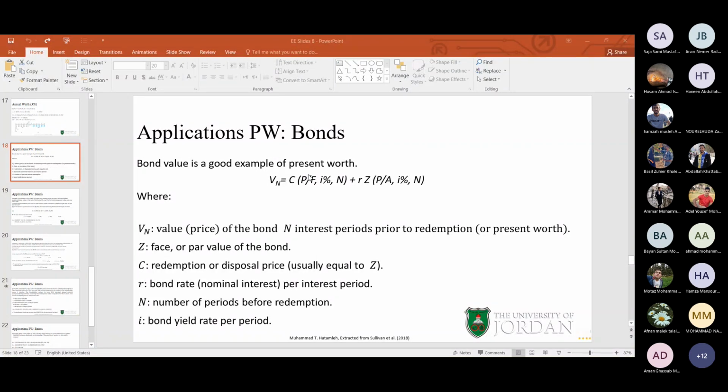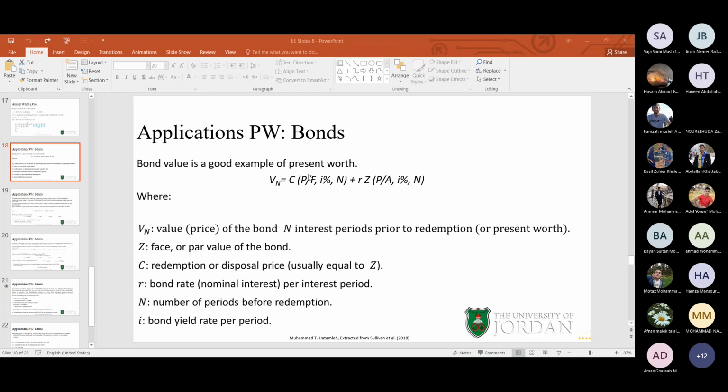So if you accepted a project using one of these methods, it's going to be accepted using the rest of the methods. Whenever you calculate, for example, the present worth, you have a single value, and you can calculate the future worth or the annual worth based on your present worth value.